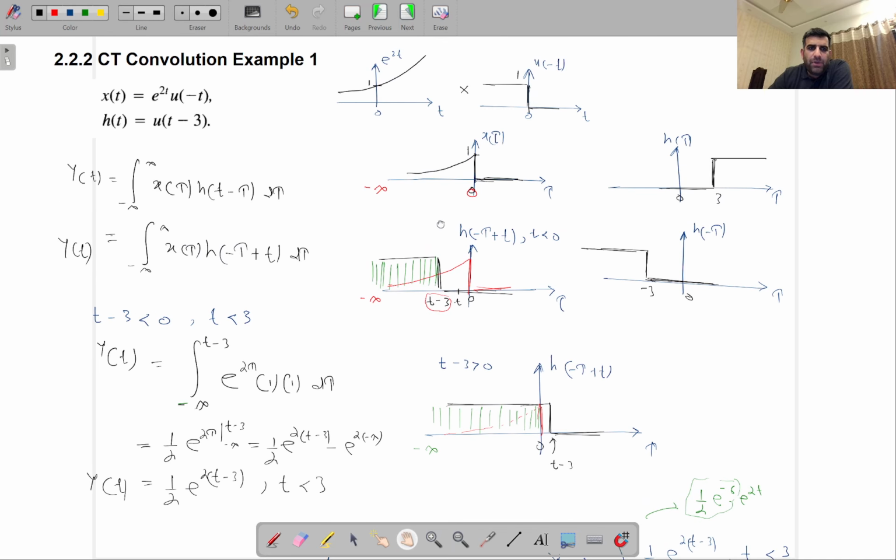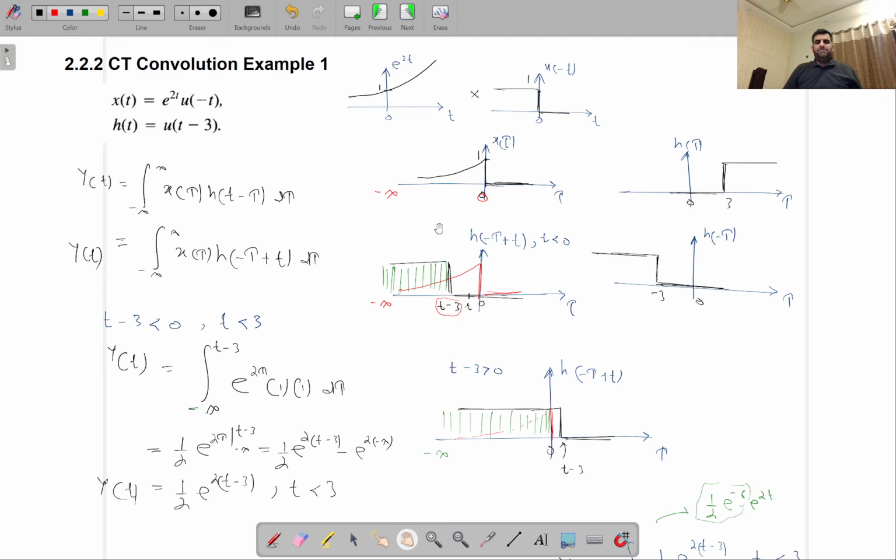So this is a particularly interesting example because even when we flipped it and moved it towards the left side and tried to take it to a point where there is no overlap, it wasn't possible because my other signal was basically defined on the left hand side, so there was always an overlap.